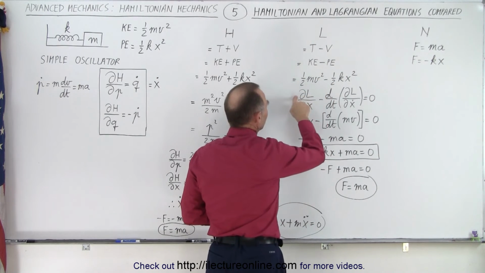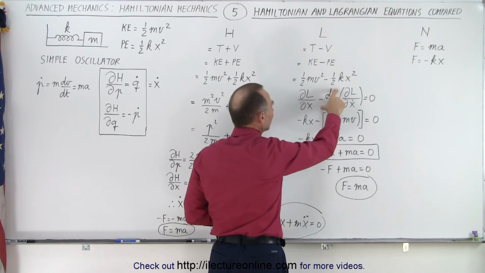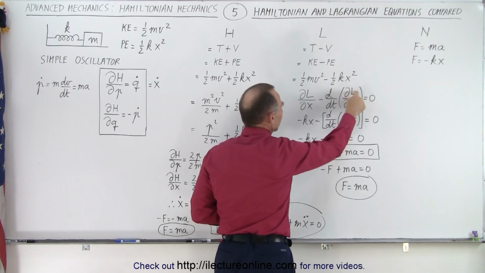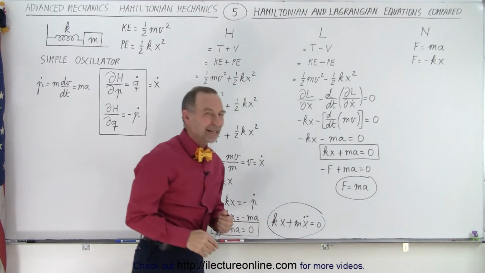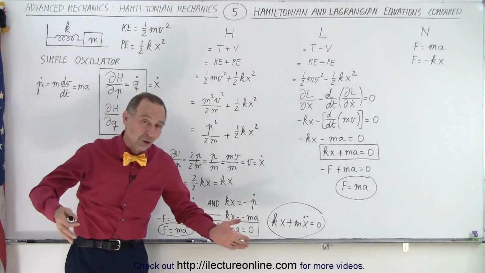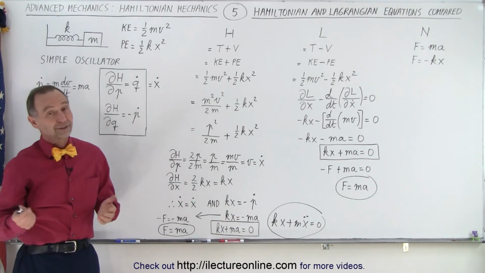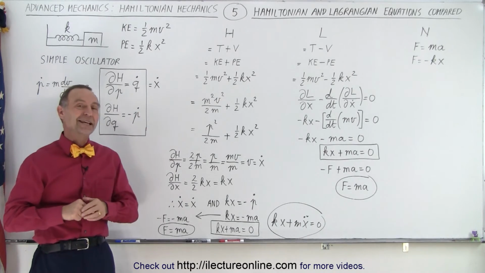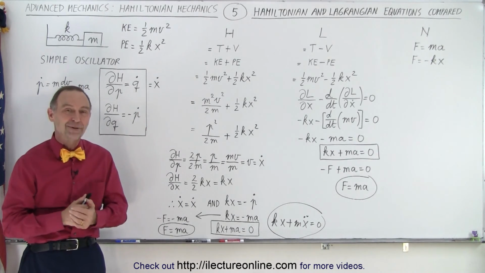We take the partial derivative of the Lagrangian with respect to x minus the time derivative of the partial derivative of the Lagrangian with respect to velocity. And again, we get the very same result. So at least that should show you that either method will get you what you're looking for, as long as, of course, you don't make any mistakes, like I did. Make that a negative instead of a positive. All right, and that is how it's done.